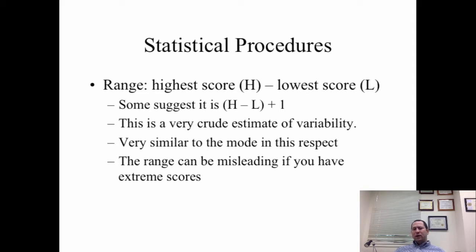Okay. Very important to understand that the range is a rough estimate of variability, and it can be misleading because if you have one extreme score, the range goes up notably. So we need to make it tighter. We need to control for some of this. So let's take a look at other measures.